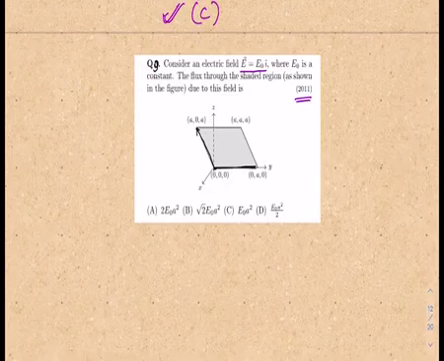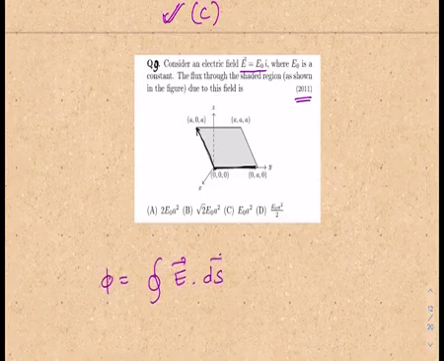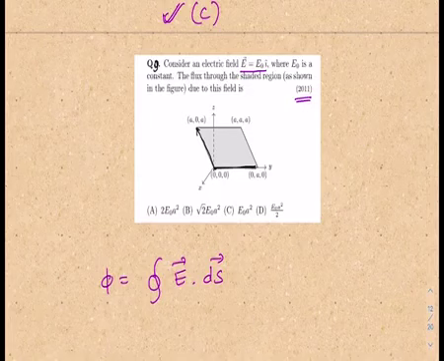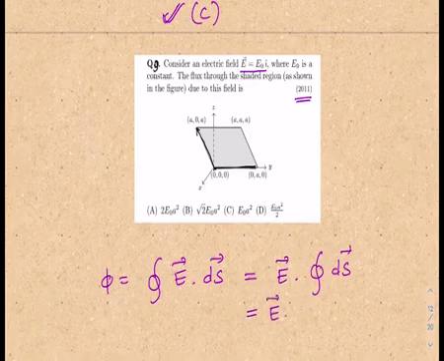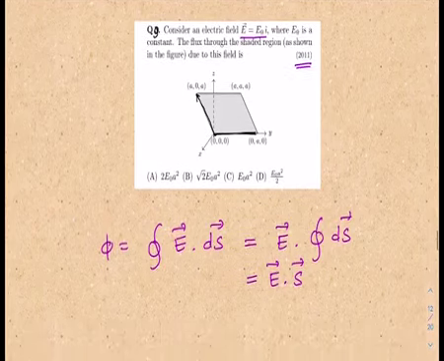You know that the flux is given by the formula E dot dS. Here the electric field is constant, so you can take the electric field out, and this is going to give you electric field dot S, the dot product with the surface area vector.